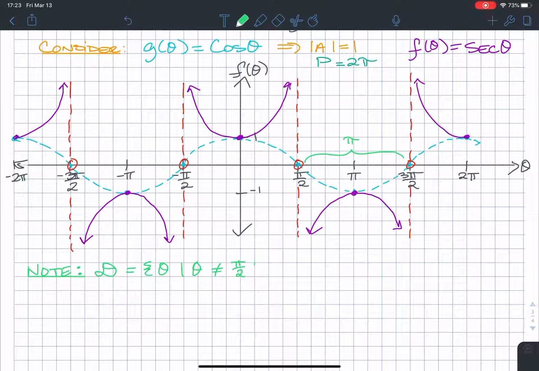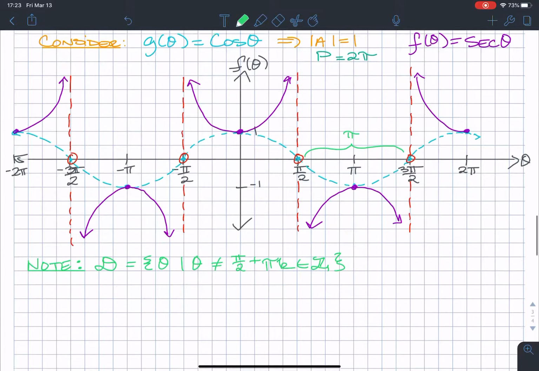So pi over 2 plus pi k, where k is any integer, positive and negative. So I must exclude those values in my domain.